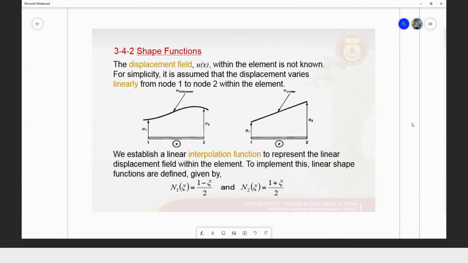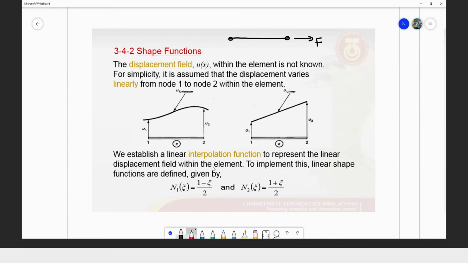Okay, this is the shape functions. So this the displacement field. Okay, kita panggil displacement field, which is given by U. So kalau dekat nodes tadi, kita representkan dia sebagai, let's say this is our element under applied force.